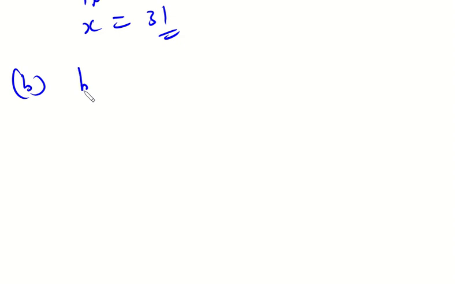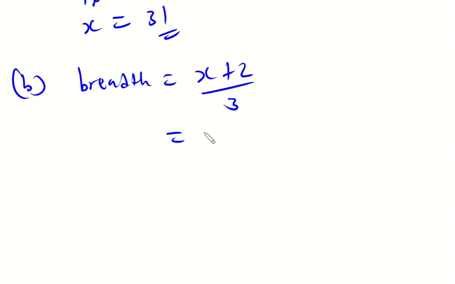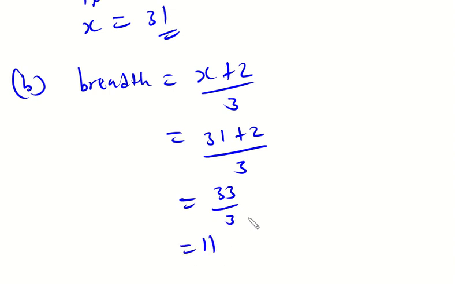Let's pick this as the breadth: (x plus 2) over 3. What's x? x is 31, so I'm going to substitute into this. 31 plus 2 over 3. 31 plus 2 is 33 over 3, which is 11. So the breadth is 11.